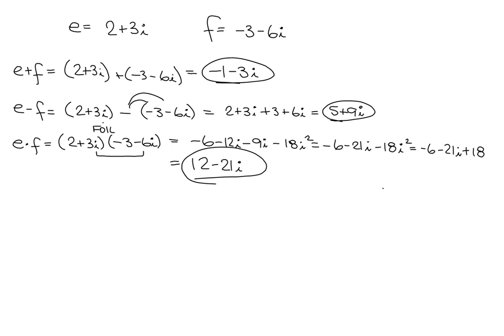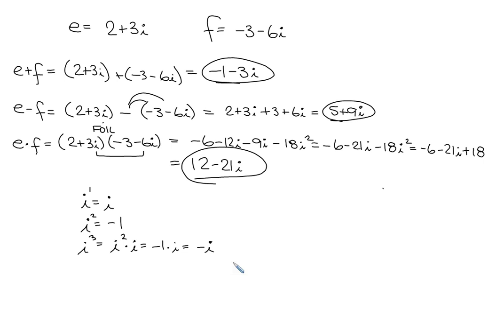Now, because of this idea, guys, we can actually simplify all powers of i except for 0 and 1. So we know that i to the first power is just i. i squared we know is negative 1. i to the third power is going to really be i squared times i, which is negative 1 times i, which is negative i.